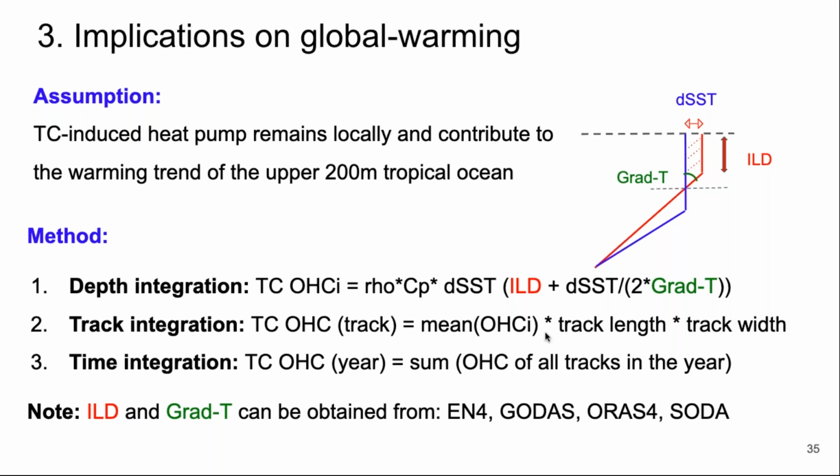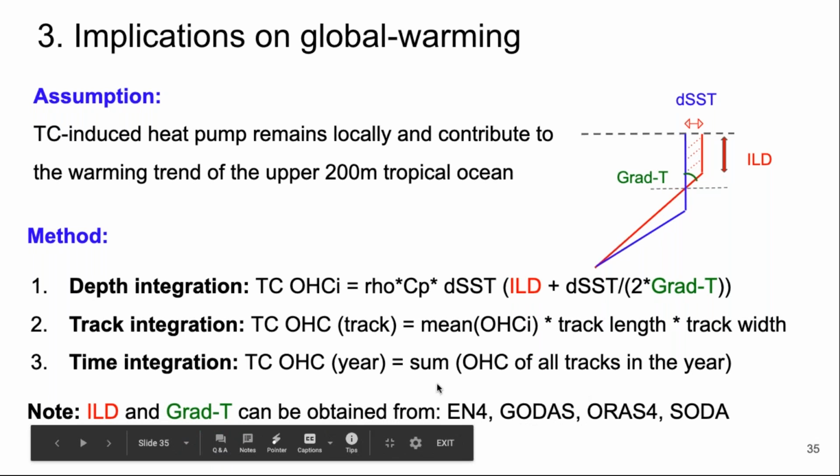So we integrate the mean ocean heat content with depth, we multiply it by track length and track width to have the TC-induced ocean heat pump for the track, and then we integrate all of the tracks in the year to get the annual index for TC ocean heat content.